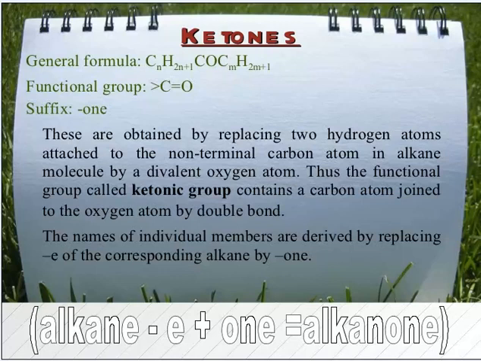Thus, the functional group, called the ketonic group, contains a carbon atom joined to the oxygen atom by a double bond. The names of individual members are derived by replacing E of the corresponding alkane by ONE. Alkane will be alkanone.